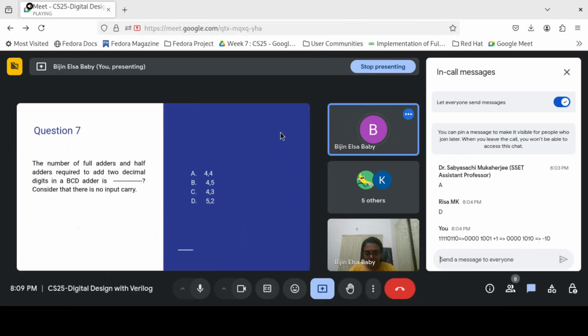Next bit, there is no carry in, right? 1 0. So you need 1 half adder. For the next one, you need 1 full adder. And the next one, you need 1 half adder. The total is 4 full adders and 3 half adders.